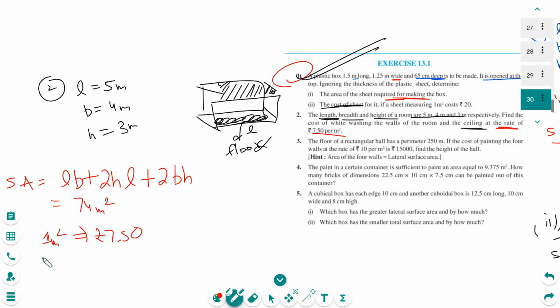What will be the cost for 74 meters square of whitewash? Multiply it. Quickly. So 555.